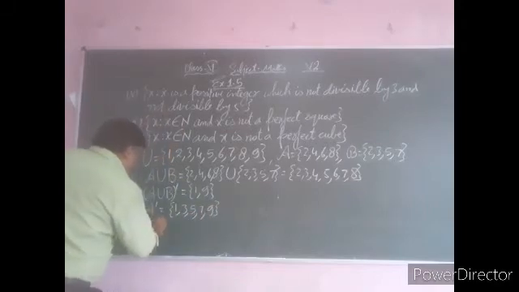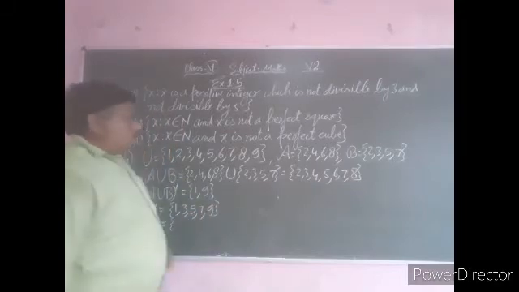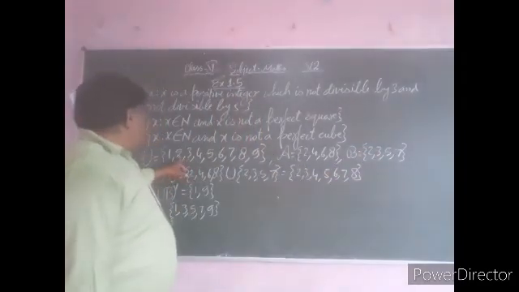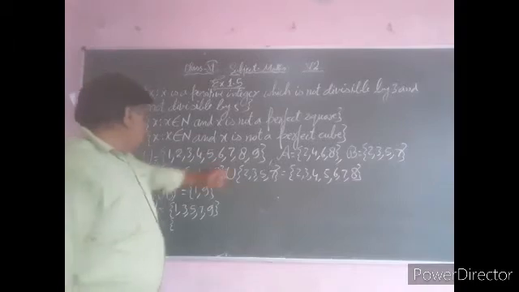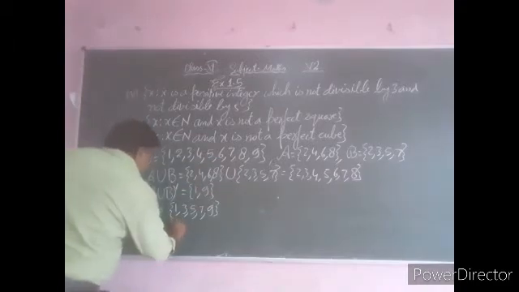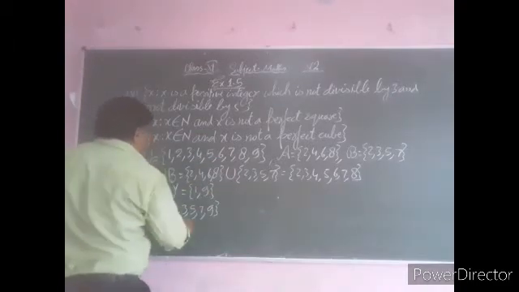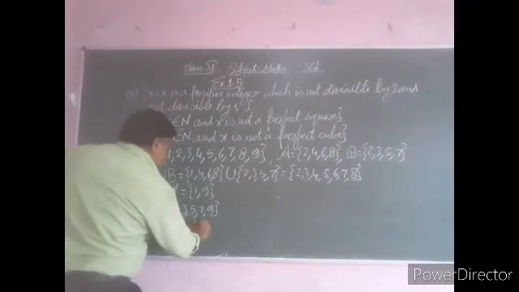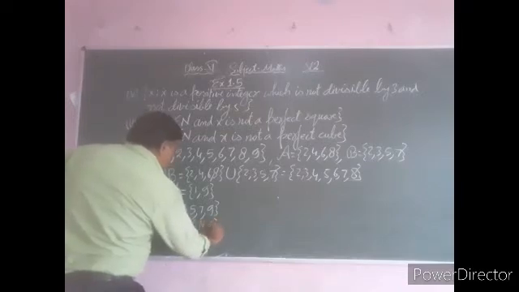Now complement of B. B is 2, 3, 5, 7, so B complement will be 1, 4, 6, 8, 9.